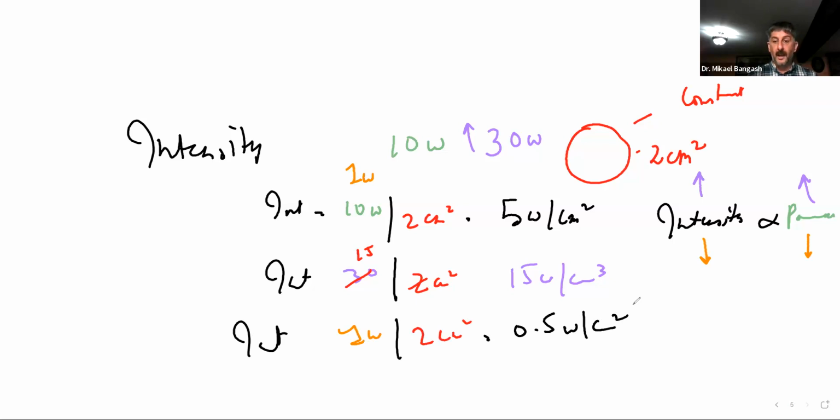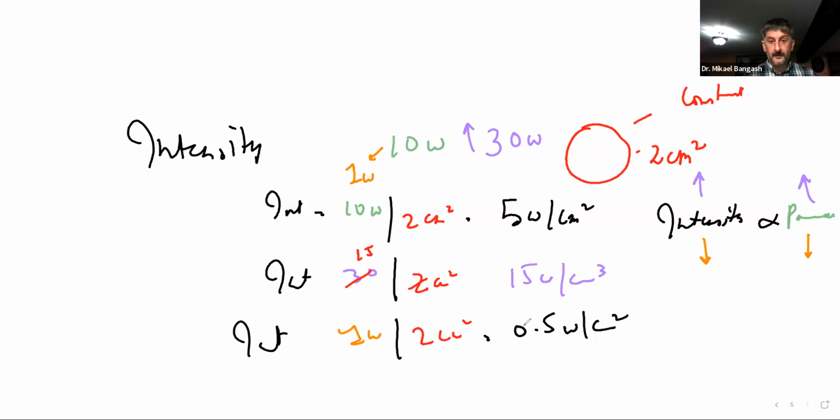Which means as we decrease the power from 10 watts to 1 watt, our intensity went from 5 watts to half a watt. Did that make sense?